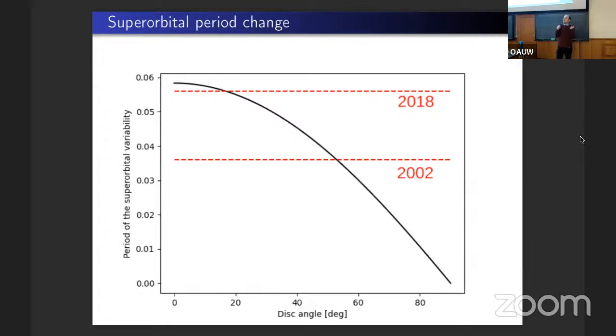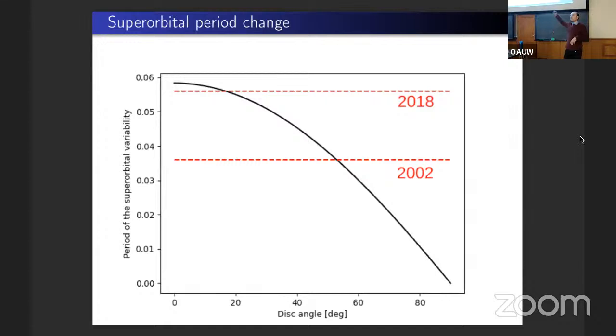What I like as an explanation, that is not published anywhere, is that between 2002 and 2018 there was a low phase in the system, so the accretion is completely depleted. So it may be just born at some angle, or it may be true that it changes with time.